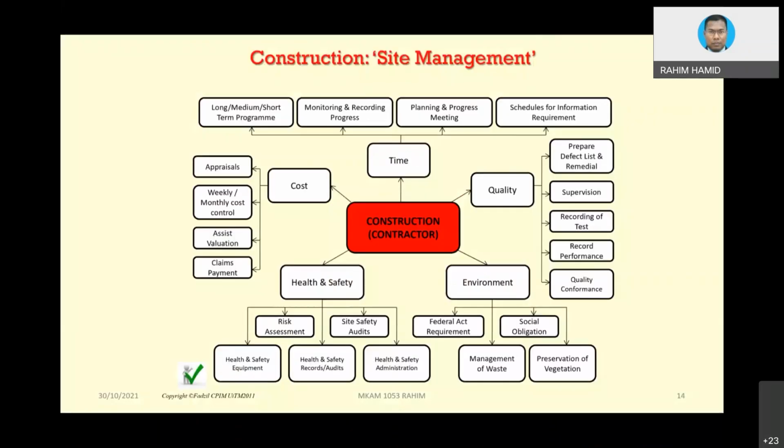Okay, let's take an example. In construction management program, there is one topic we call site management. What is site management? Site management is the management of the construction site where all the activity is going on. That is the real thing. And you see, we have time, cost, quality, environment, health and safety.